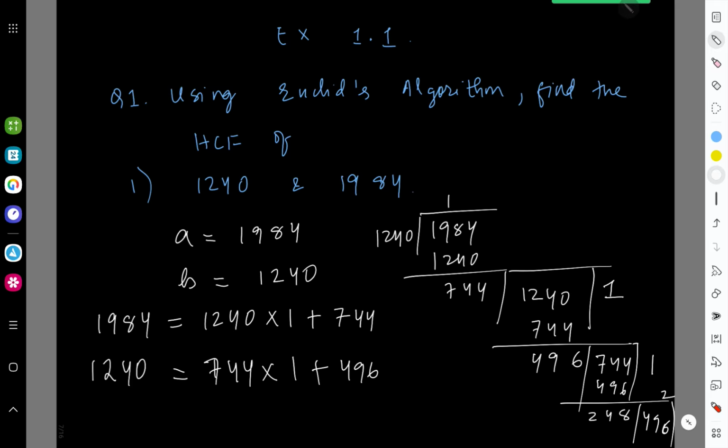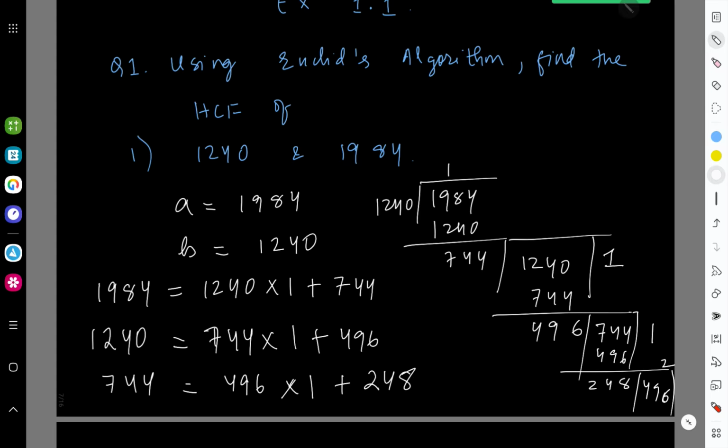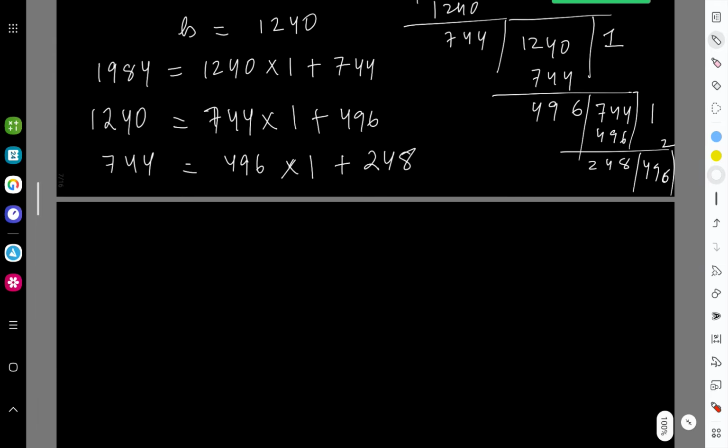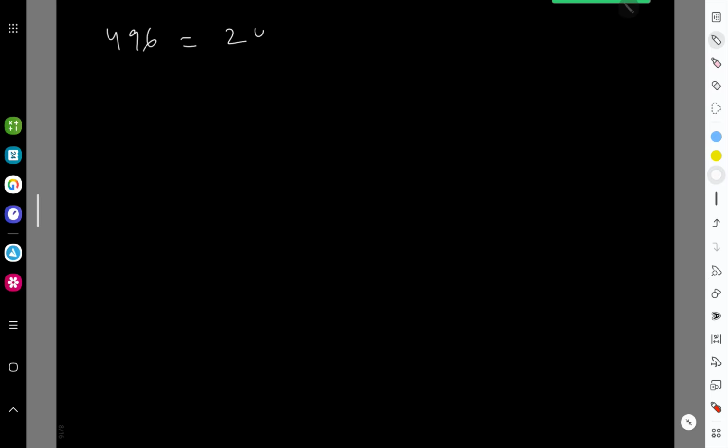Okay, now let's move on. 496. 744 becomes our new dividend. 496 becomes our new divisor. Our new quotient is 1, and the new remainder is 248. Let me continue this on the next page. Our new dividend will be 496, and our new divisor will be 248.